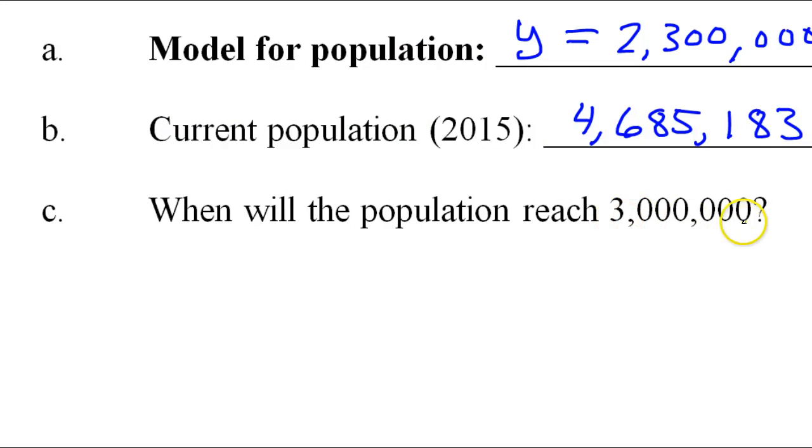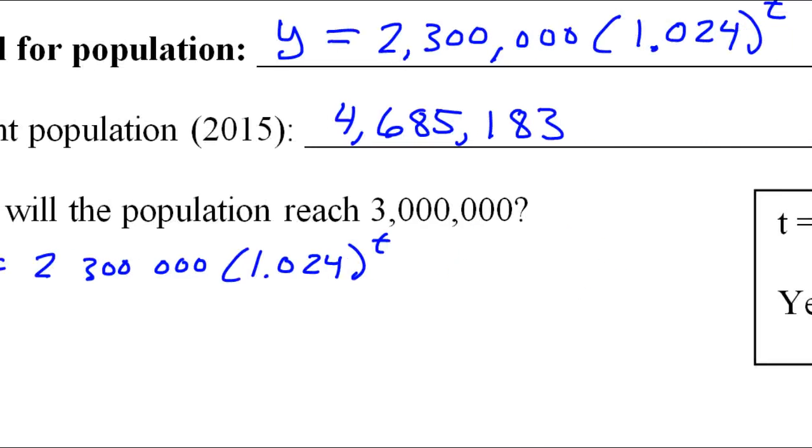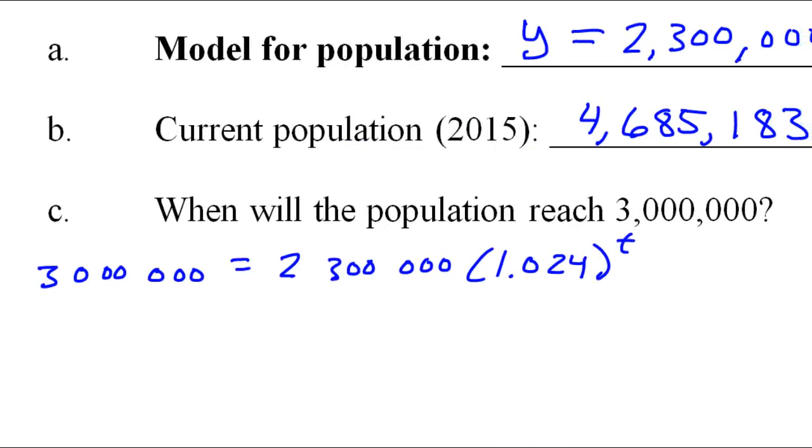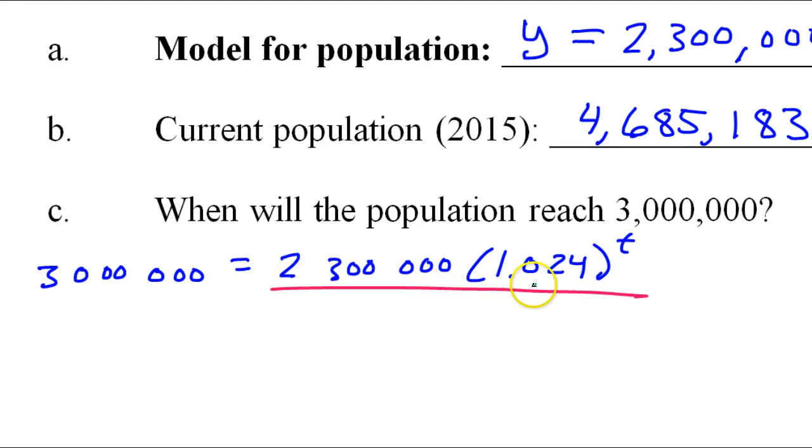So if we substitute 3 million in for y, then the model becomes 3 million is equal to 2,300,000 times 1.024 to the t power. Okay, just using our model. Alright, so it's just a matter of solving this for t. So your first step should be to divide both sides by 2,300,000.